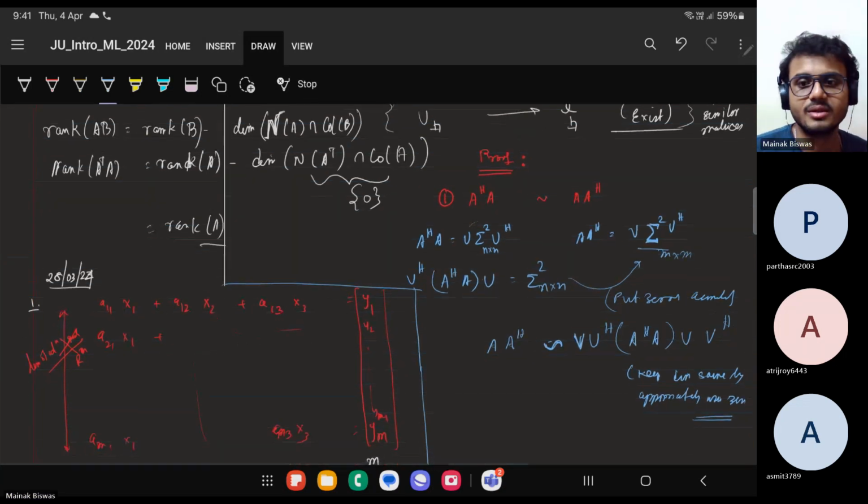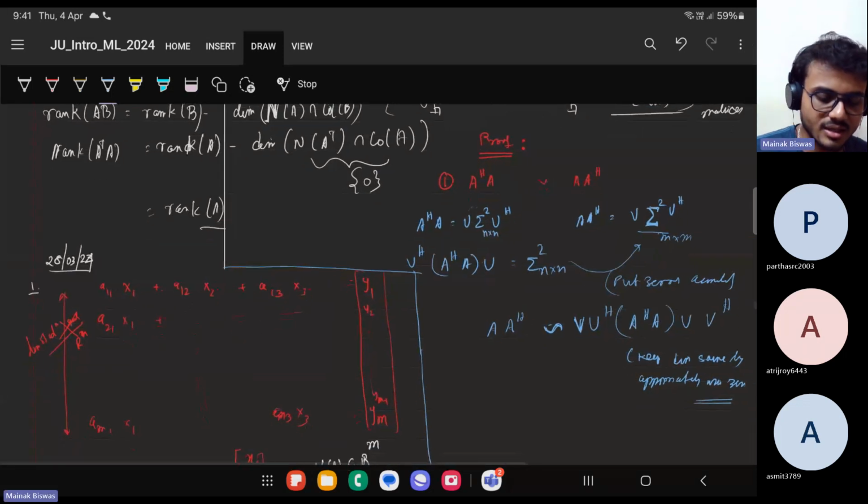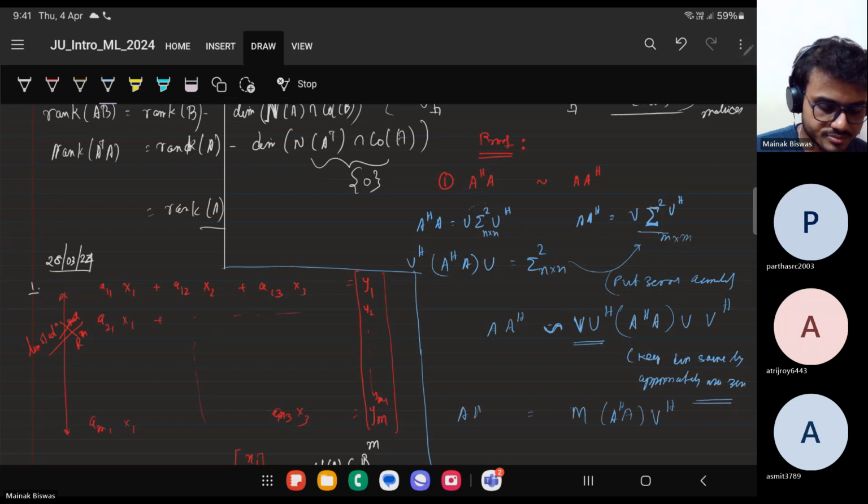Now tell me, if I use this, I can clearly see, what do I see? I have some matrix. Let us write this as M, A Hermitian A, B Hermitian. Yes or no? Do you agree?